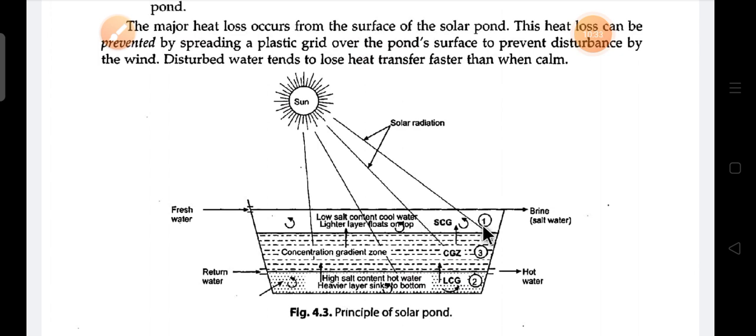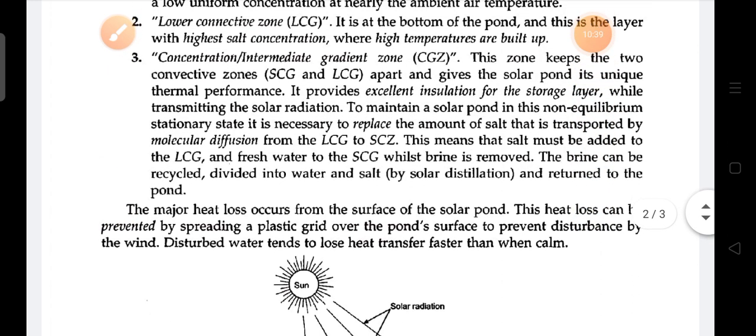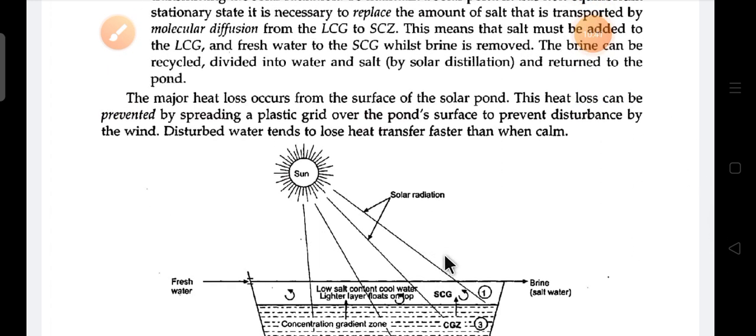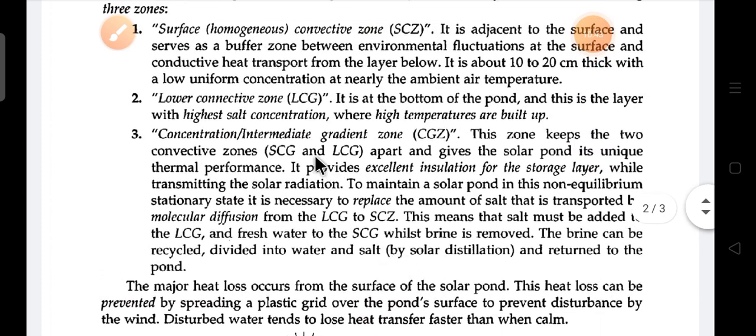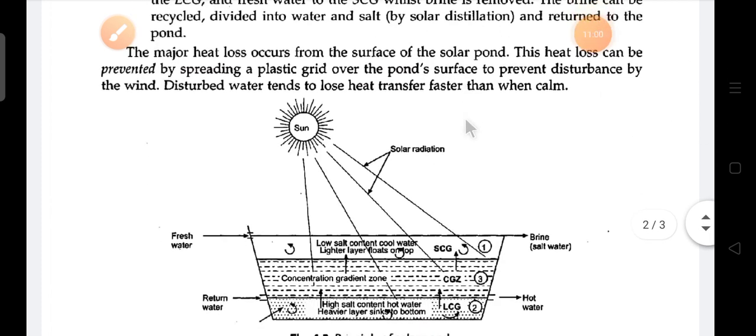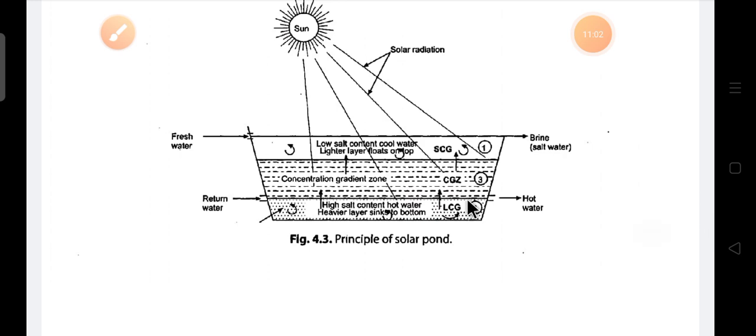Here the salt concentration is very low. The second layer is called the lower convective zone. It is at the bottom of the pond, and this layer has the highest salt concentration, where high temperatures are built up.